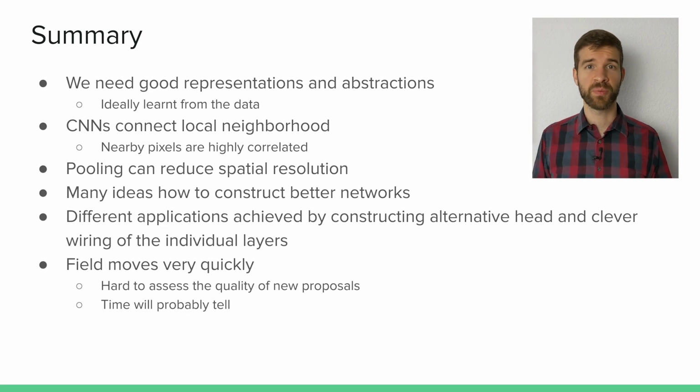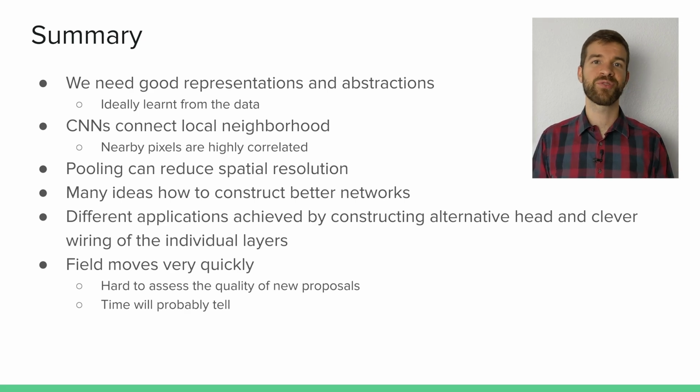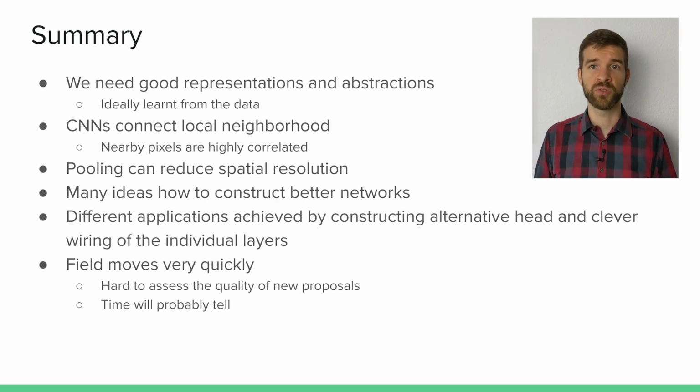We have talked about pooling layers that can help us to reduce the spatial size to be more efficient, and there are many ideas for how to construct better networks. And different applications, as we've seen, depending on the task you're working on, require different architectures and different wirings to solve your problem.